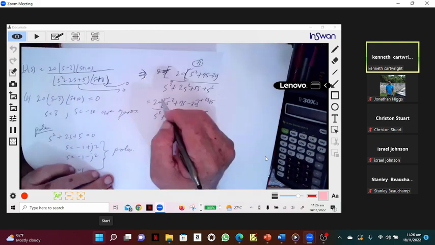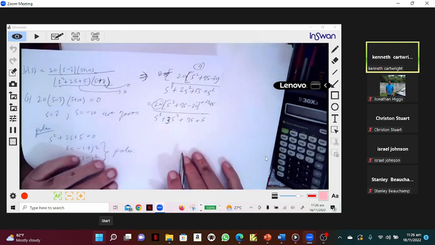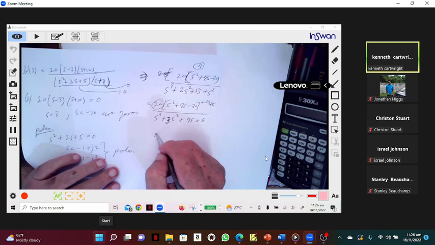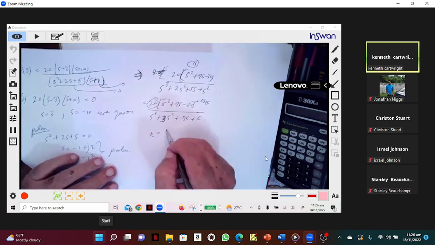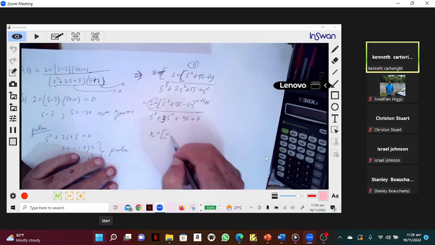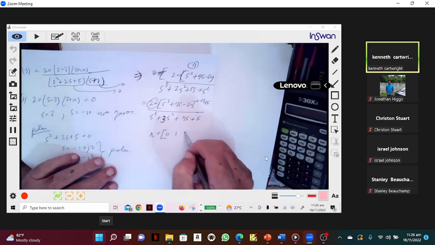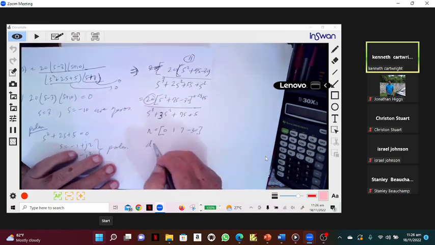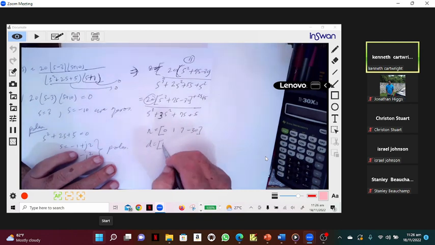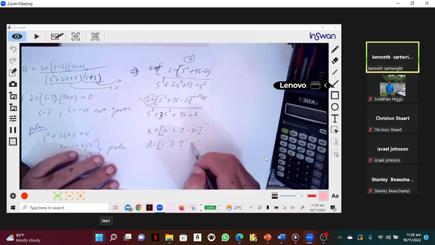This 20 won't matter. We don't have to count that. So the numerator can be written as what? The numerator can be written as 0, 1, 7, negative 30. And the denominator can be written as what? 1, 3, 7, 5. Agreed?